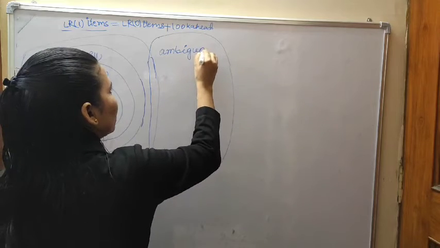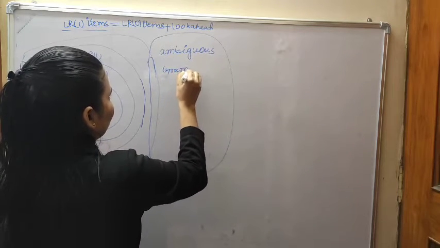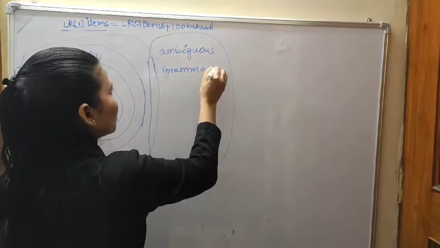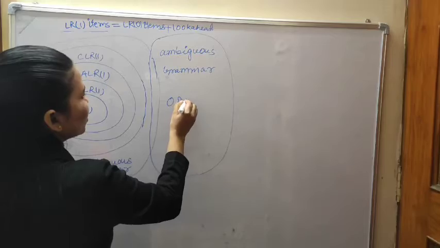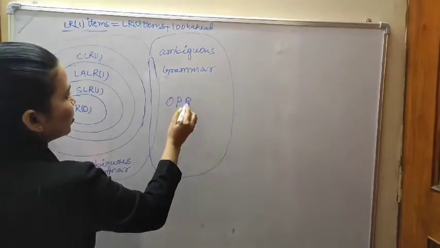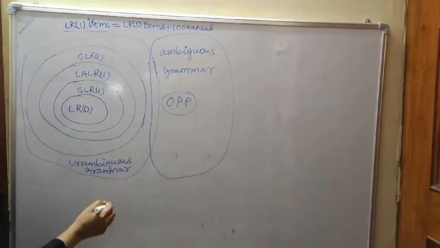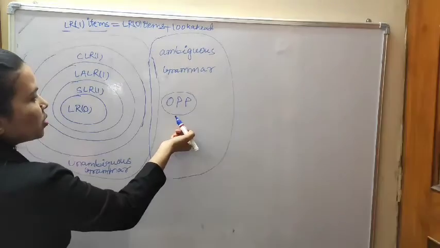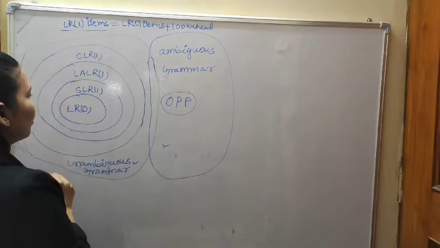Unambiguous grammar is the operator precedence parser. This is the ambiguous grammar, and maybe the operator precedence parser can be unambiguous also or ambiguous also.